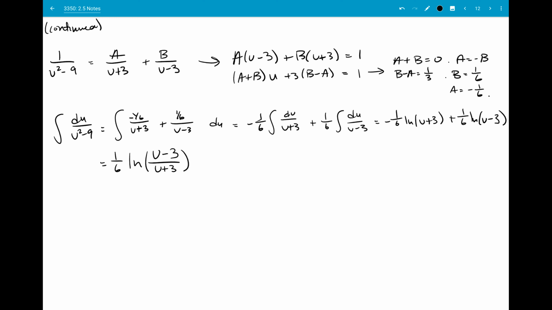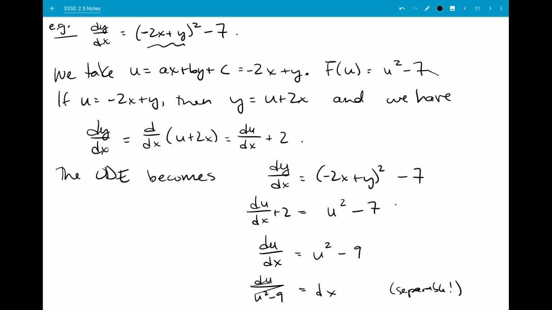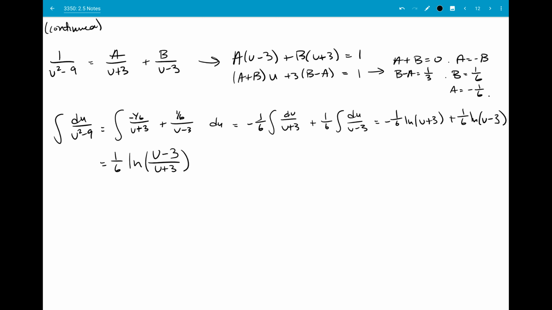And the integral of dx, I did not do ahead of time because I thought we could get through that pretty quickly. It's equal to x. So natural log of u minus 3 over u plus 3, plus a constant, is equal to 6x plus a constant.